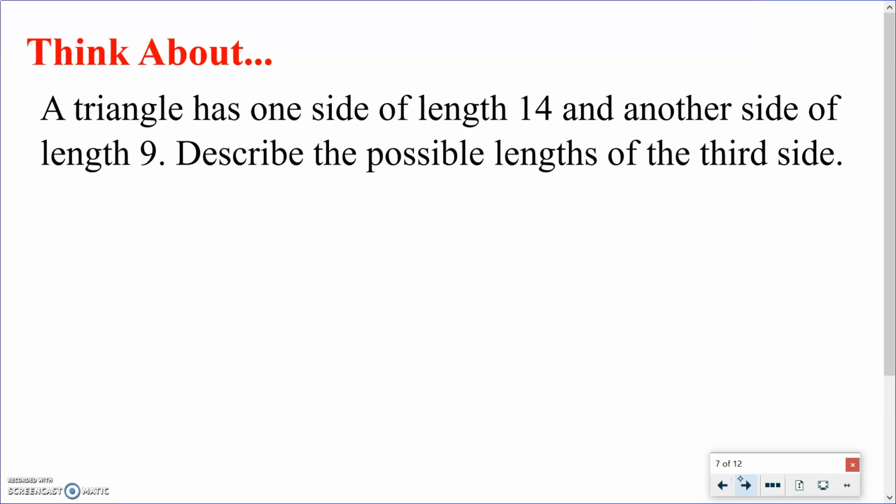So we can also use that to think about triangles and say, okay, we have this triangle. One side of this triangle is going to be 14. One side is going to be 9. What is the possible length for this other side? What could it be?